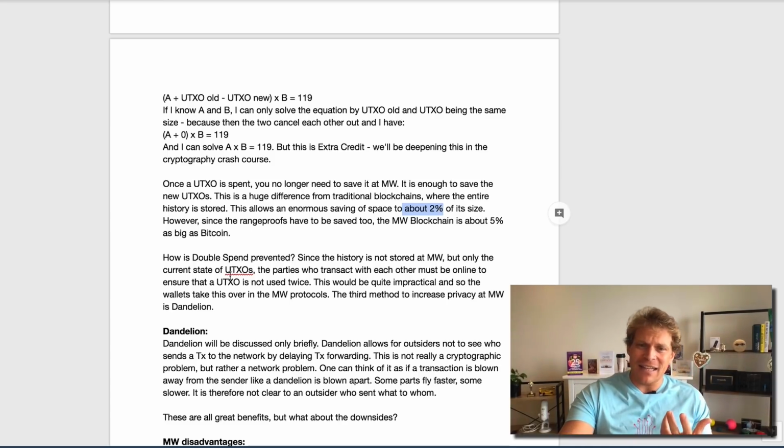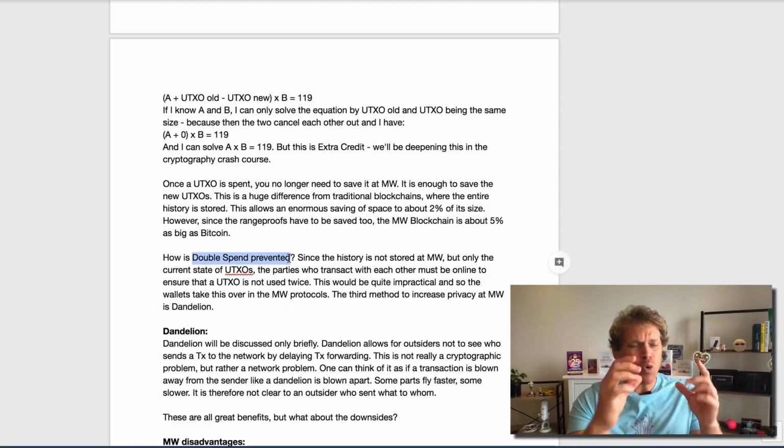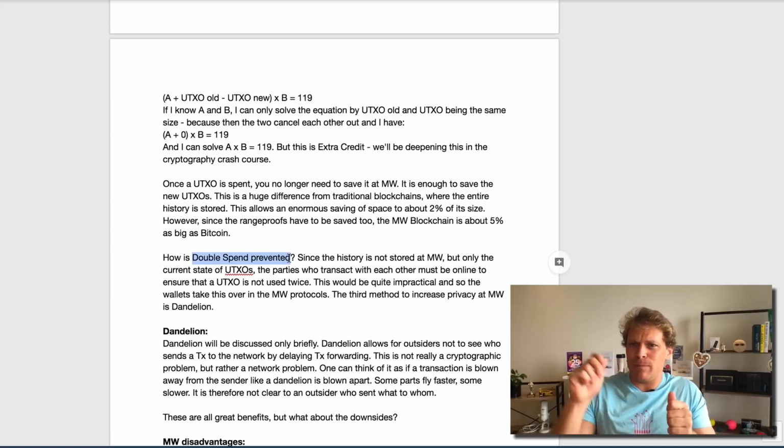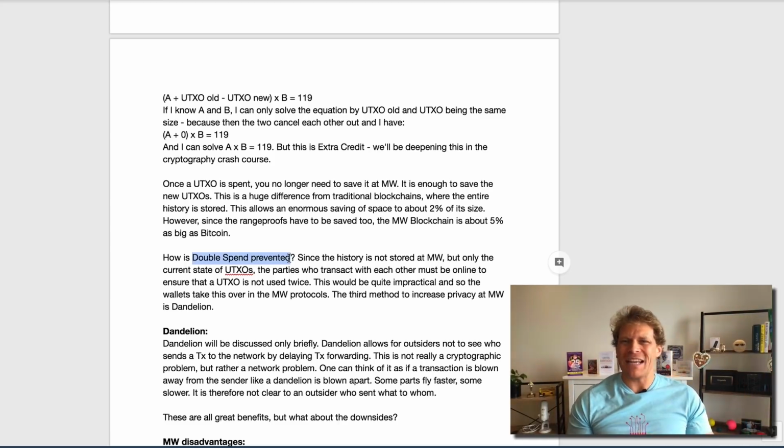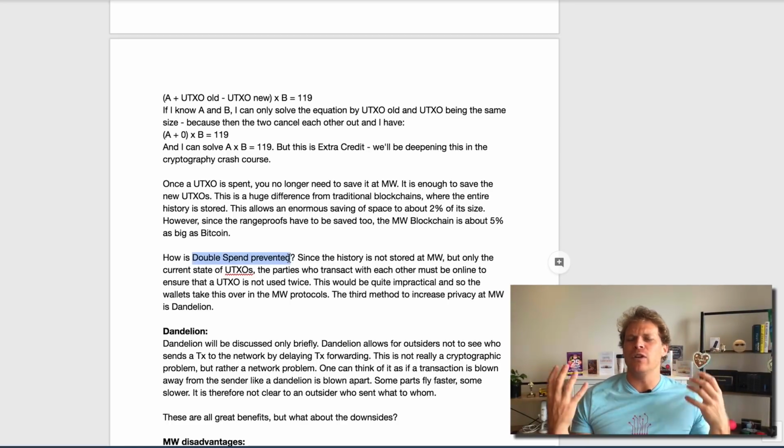The last thing, and this is one key point, is double spending though. Since no one can see this, how can one person make sure that even though there's no blockchain history, there's still no double spend possible? And this works because in theory, parties have to be online to use Mimblewimble and then track the UTXOs. Now, in Mimblewimble implementations, this is done through the wallets that manage all this.